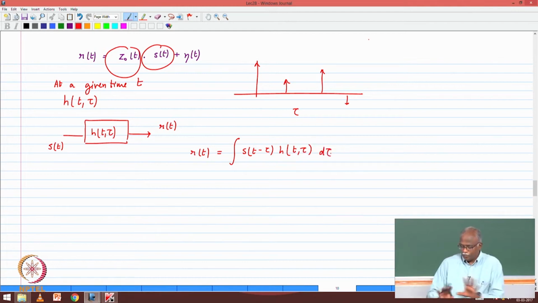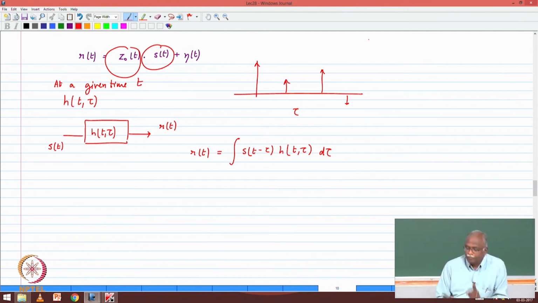Basically it can be interpreted as a convolution because I am not looking at the time variation. This looks like an LTI system, just like our impulse response, input output correlation, exactly the same thing. This is not the same as time variation, because time variation, when I wanted to characterize, I characterized it as a multiplicative operation. This is a convolution operation.